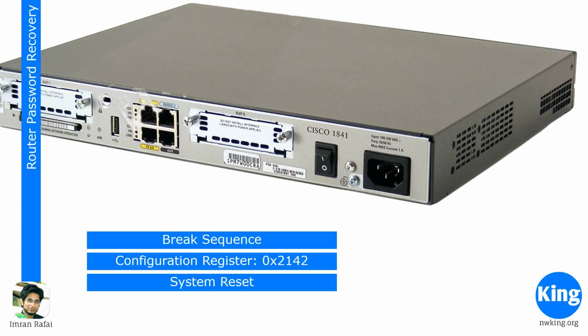So how do we do it? There are three things basically. When a Cisco device reboots, if you want to do a password recovery, you see this power switch. So let me take the pen. You see this power switch. You will hit the switch off and then back on, right?